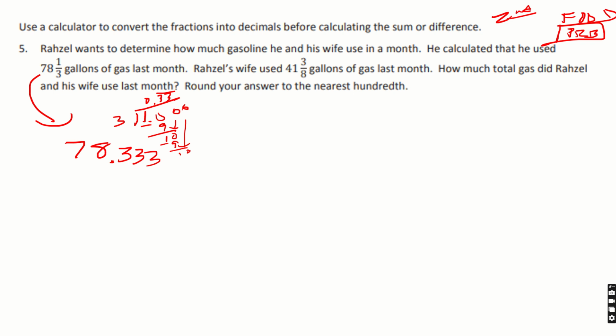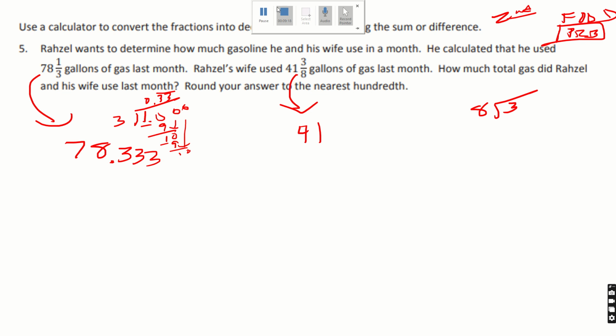And then if he used that much and his wife used this much, well, that would be 41, and then 3/8 means 3 divided by 8. And so 8 goes into 3 0 times here, as expected. 8 goes into 30 3 times. 3 times 8 is 24.